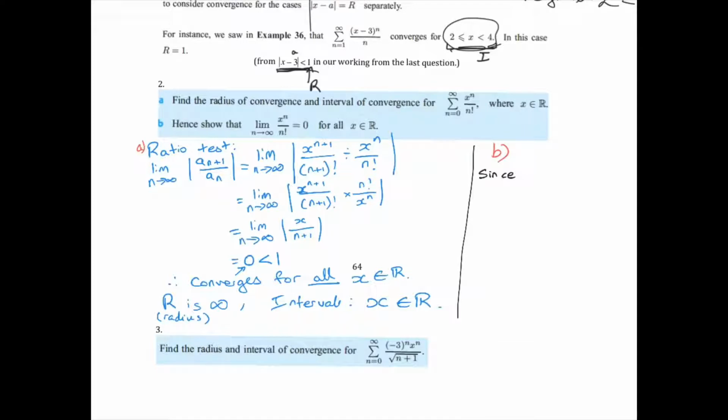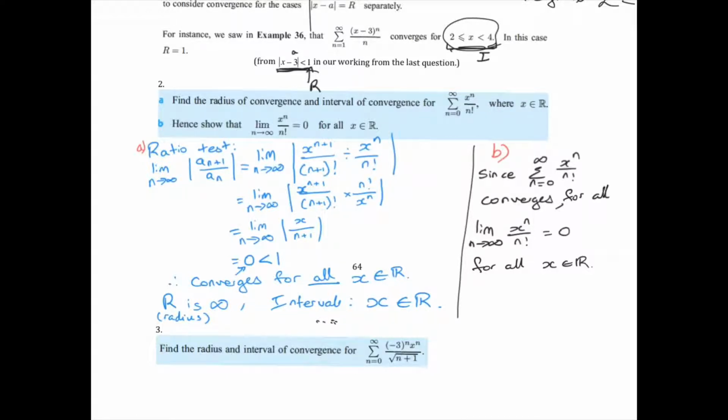Since the sum from n equals 0 to infinity of x to the n over n factorial converges, then the limit as n approaches infinity of x to the n over n factorial does equal 0. It's converging for all x in R, then the limit is 0 for all x in R.